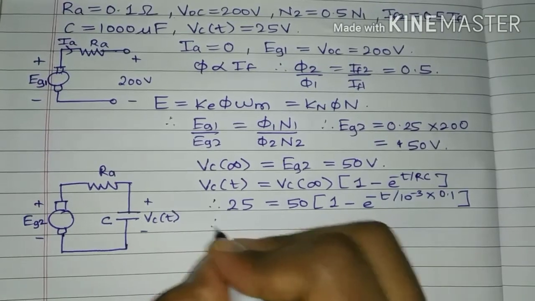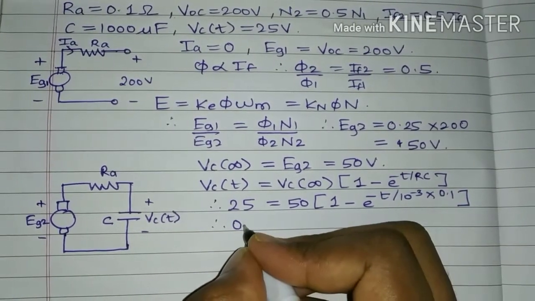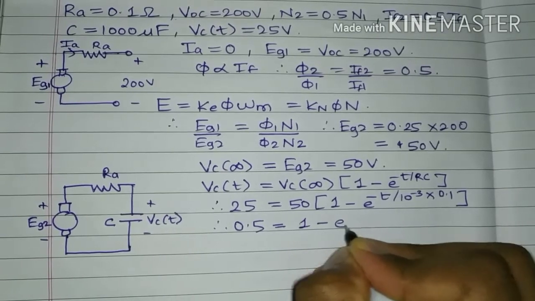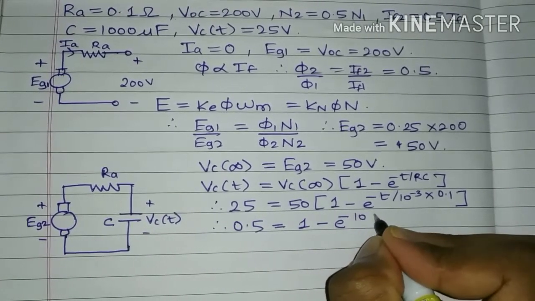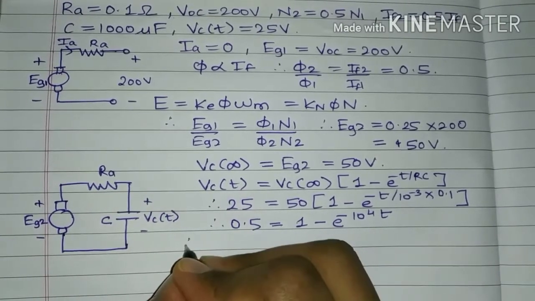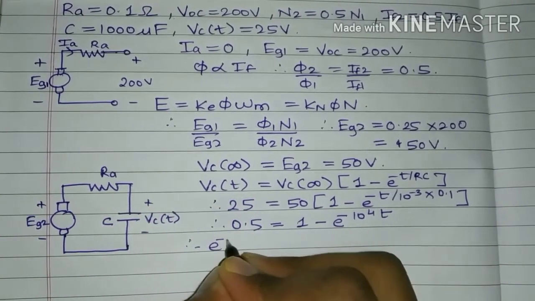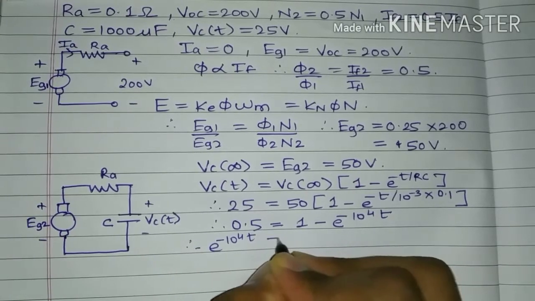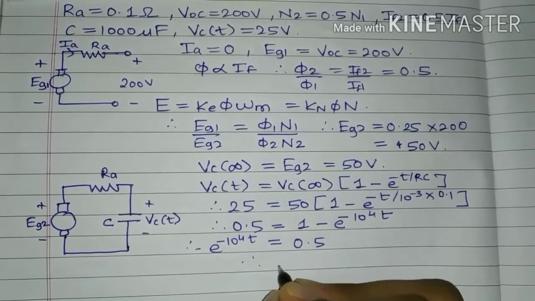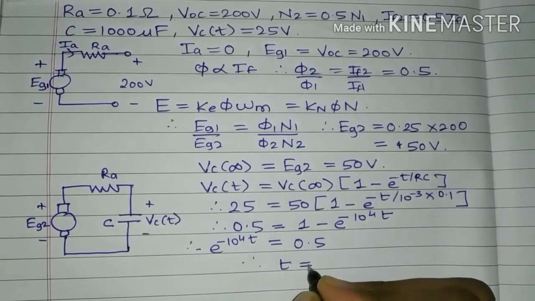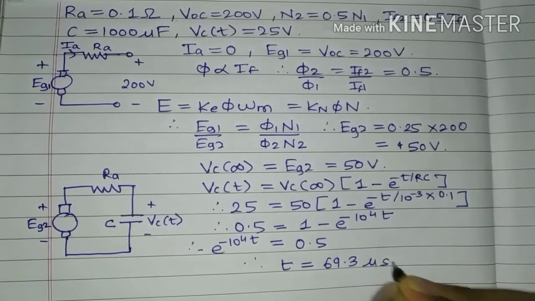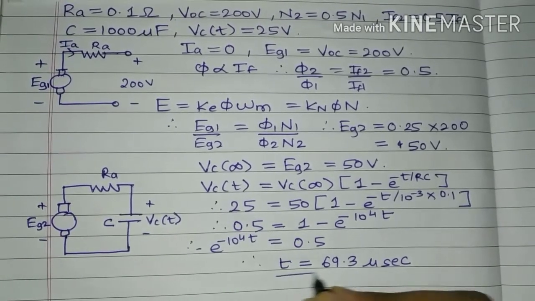Therefore 0.5 is equal to 1 minus e raised to minus 10 raised to 4t. Hence e raised to minus 10 raised to 4t will be equal to 0.5. Thus we can calculate the value of t, and the value of t turns out to be equal to 69.3 microseconds. So the correct answer is option B.